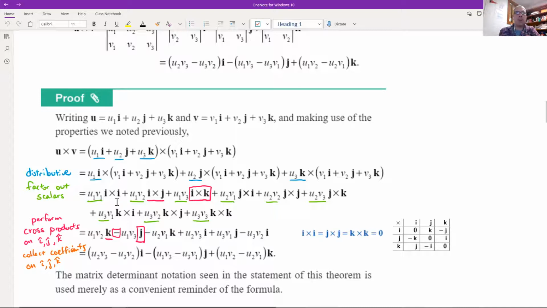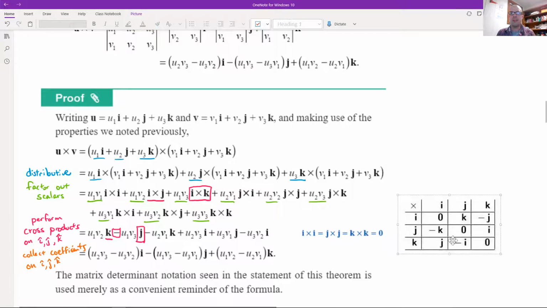We get some cross products between the standard basis vectors amongst themselves. So here's where we do calculations like I cross J equals K, or I cross K actually ends up equaling negative J. And I included a little chart over here to make that a little easier to read.